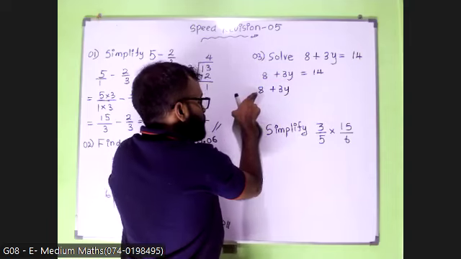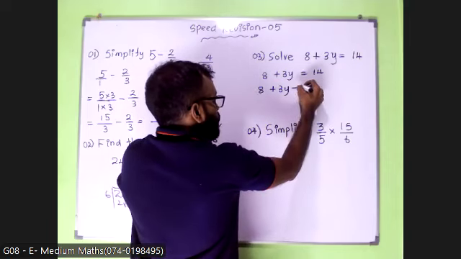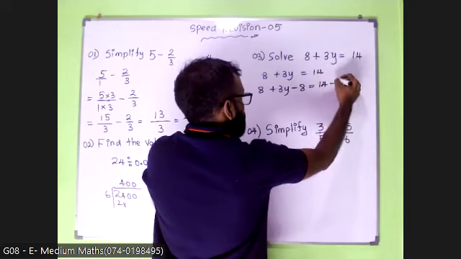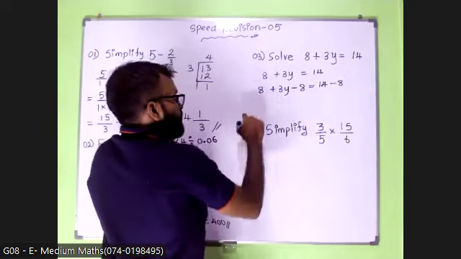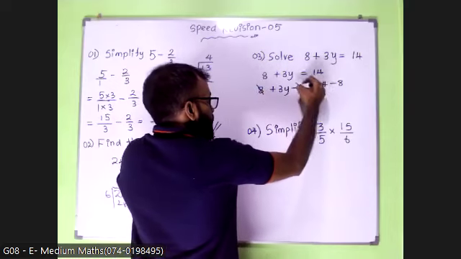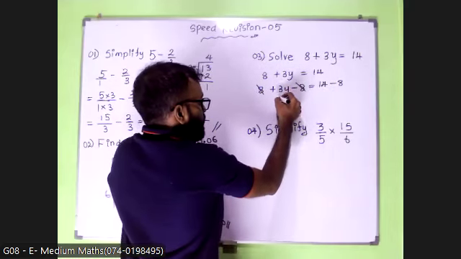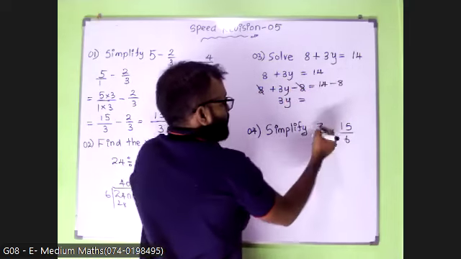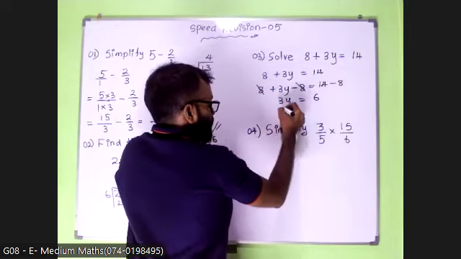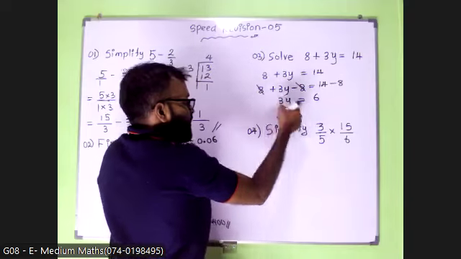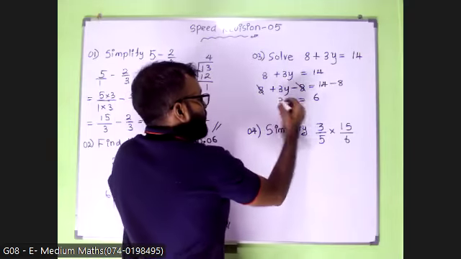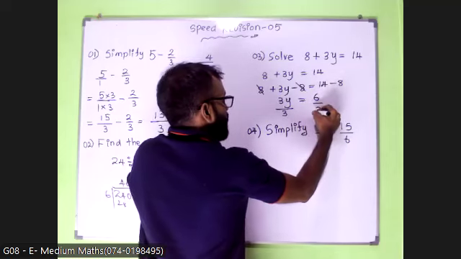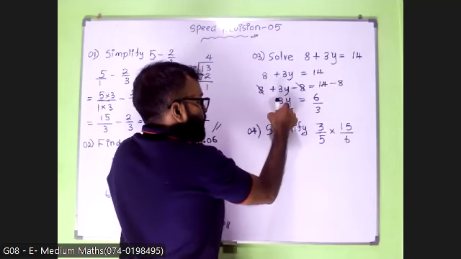I am going to remove this positive 8. To remove that 8, I am going to subtract 8 from both sides. Opposite things cancel out. So here I have 3y only. 3y equals 14 minus 8, that means 6. In order to find the value of y, I am going to divide both sides by 3 because this is 3 multiplied by y.